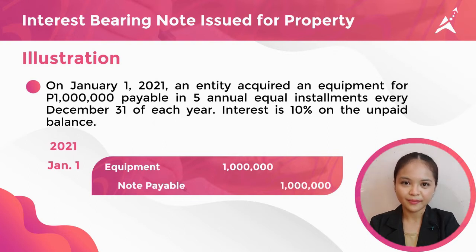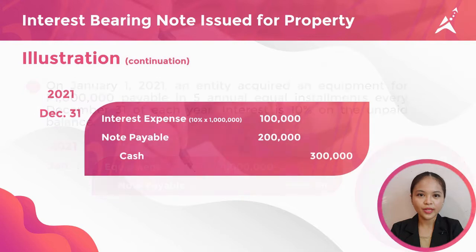Next, on December 31, to record the payment of the first installment and the interest for the year, we will debit interest expense for 100,000. We got 100,000 by multiplying 10% interest to the purchase price of the equipment, which is 1 million pesos.